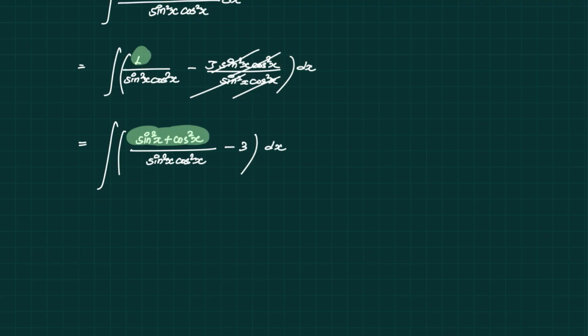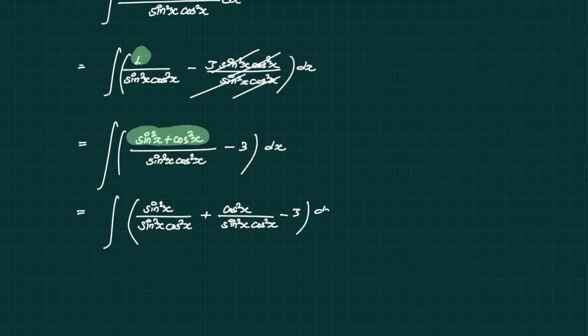dx. Now let us again separate the denominator here, then we will have sin square x by sin square x cos square x plus cos square x by sin square x cos square x minus 3 dx.